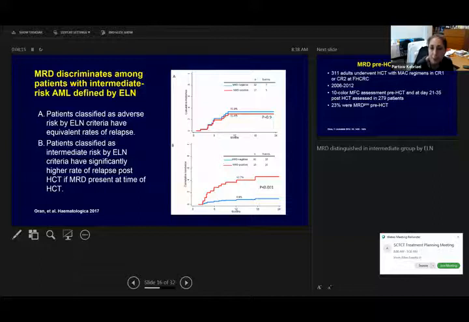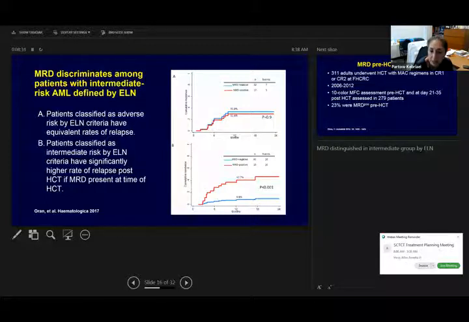Importantly, when we looked at MRD versus ELN risk stratification based on cytogenetics, in the patients that were classified as having adverse risk by ELN criteria, whether patients were MRD negative or positive, there wasn't a significant difference.